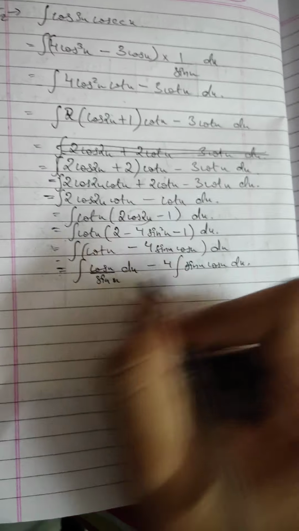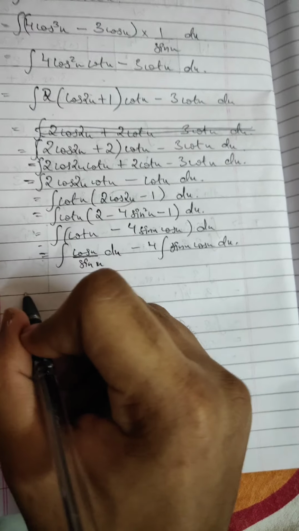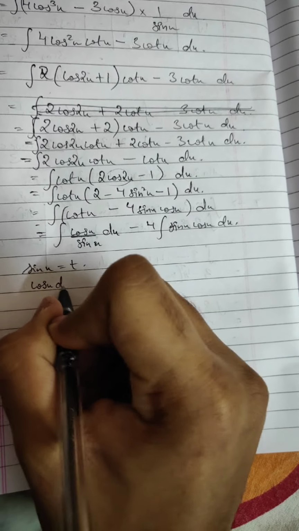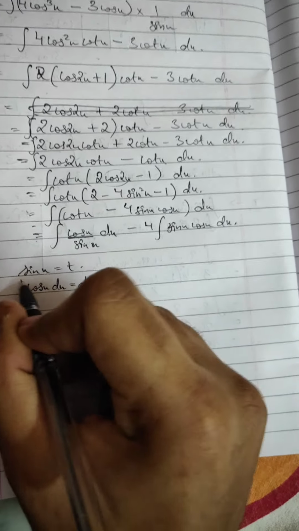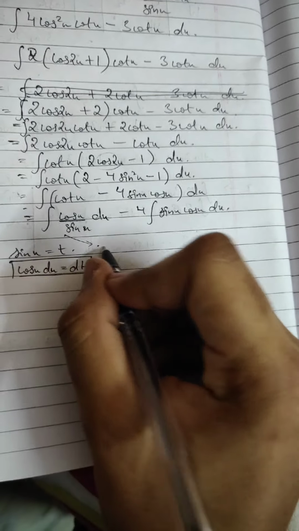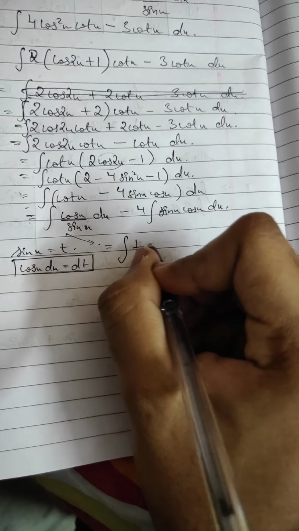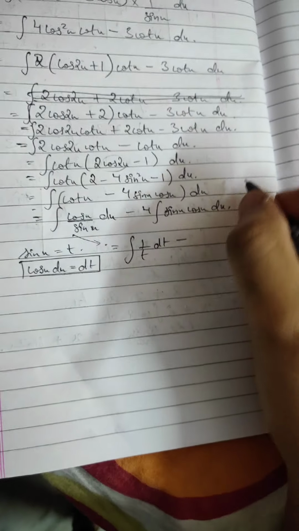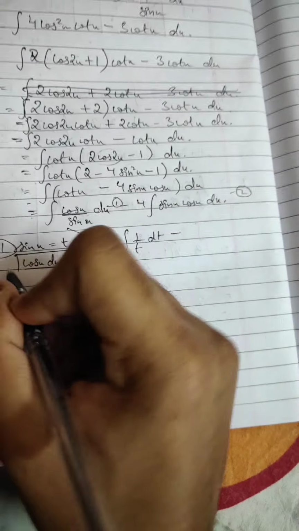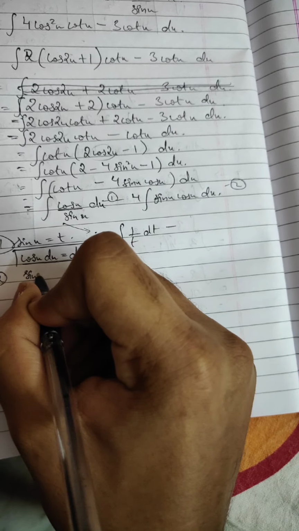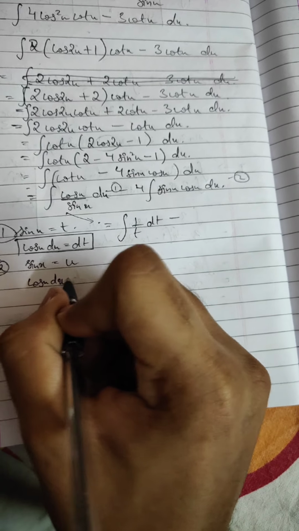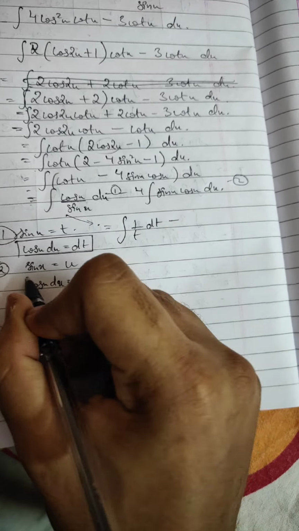In the first case we will take sin x as t, then cos x dx equals dt. So you can write this as integration of 1 by t dt. Let this be first and let this be second. For the second one, if you take sin x as u, then cos x dx equals du.